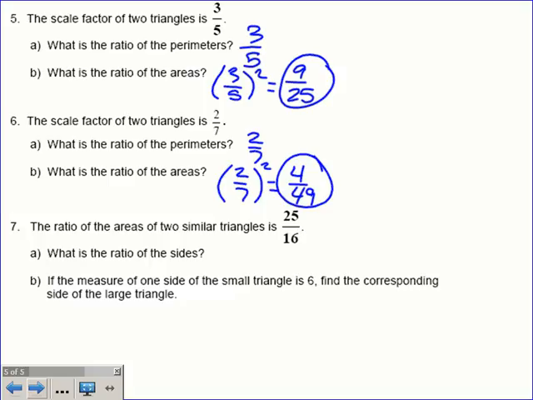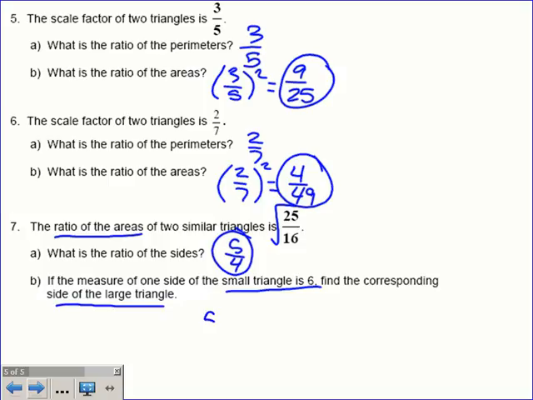The ratio of areas, okay, it gives us something different, is now 25/16ths. Okay, what is the ratio of sides? We're working backwards now. Okay, this would be 5/4 because we're basically doing the square root of both of those. Okay, if the measure of one side of the small triangle is 6, find the corresponding side of the large triangle.